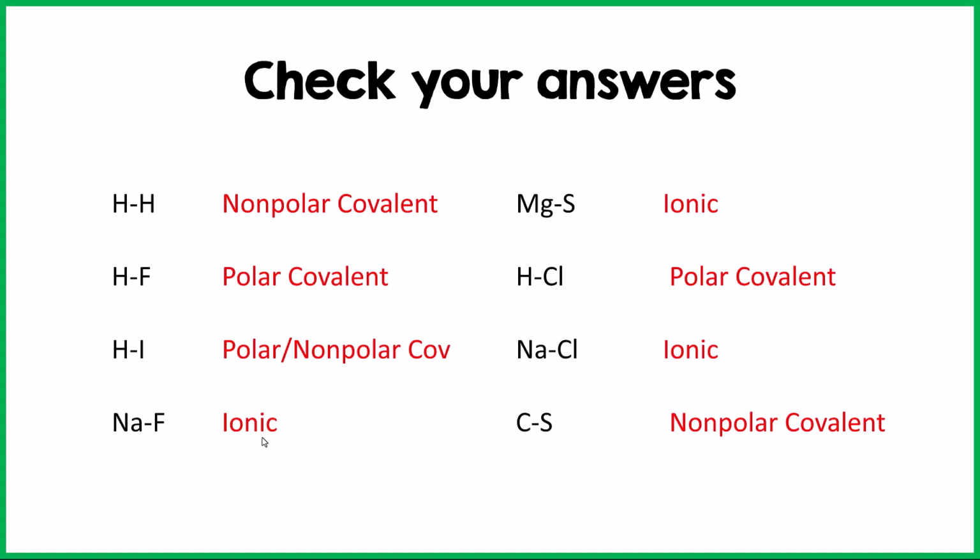Sodium and fluorine are ionic, metal and nonmetal. Magnesium and sulfur are also ionic, metal and nonmetal. Hydrogen and chlorine are polar covalent. Sodium and chlorine are ionic, and carbon and sulfur are nonpolar covalent.